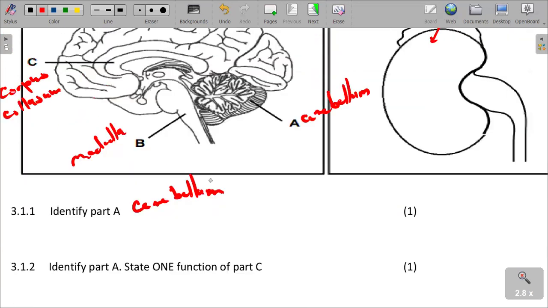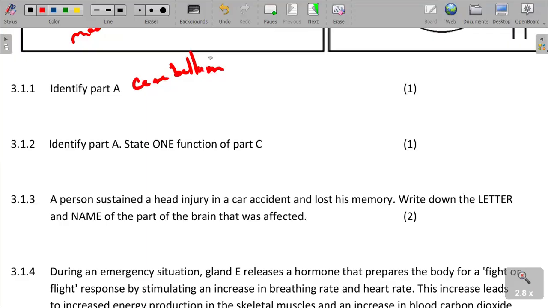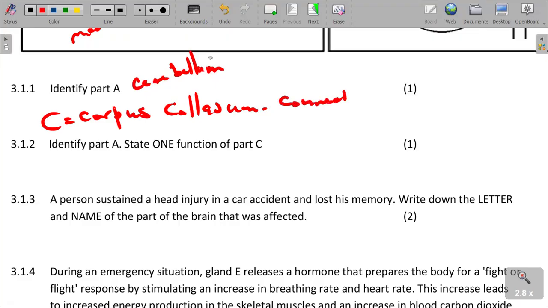Part C is the corpus callosum. We said that C is the corpus callosum, and then what is its function? We need to understand that the corpus callosum connects the two hemispheres of the brain.